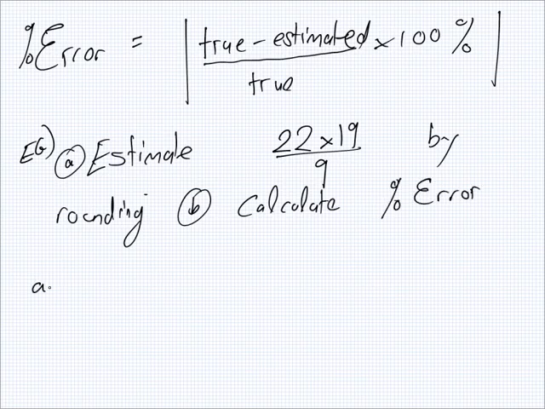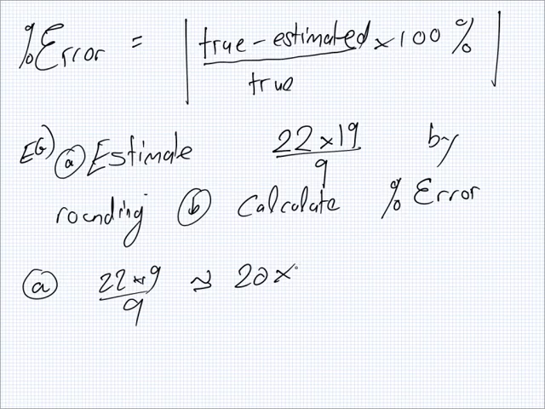For the A part, what I mean by estimate by rounding is, I should have said, rounding to the nearest 10. So this would be roughly 20 times 20 over 10, which would be 40, because that will cancel that.